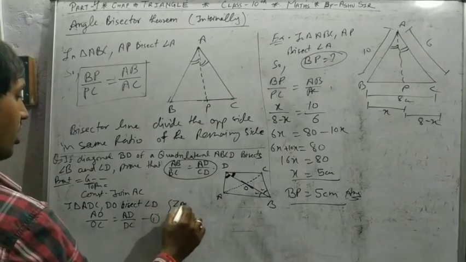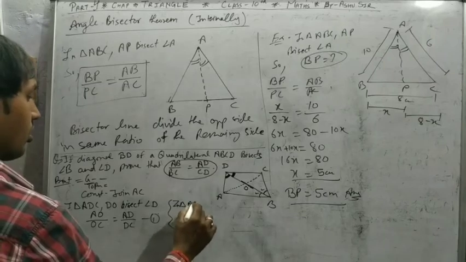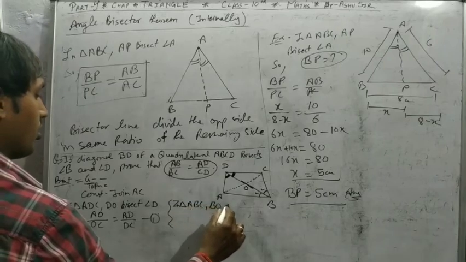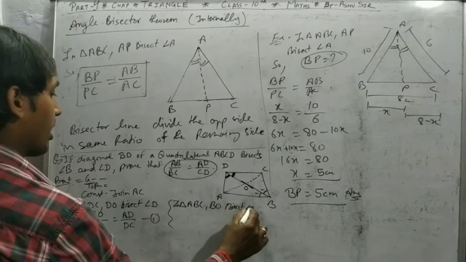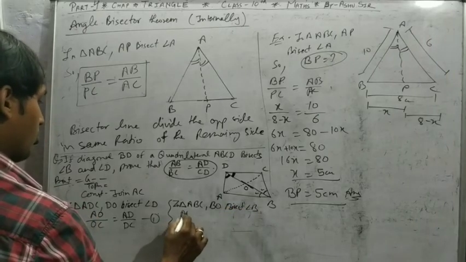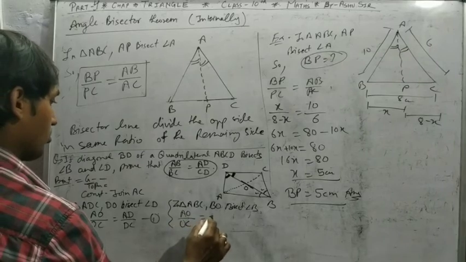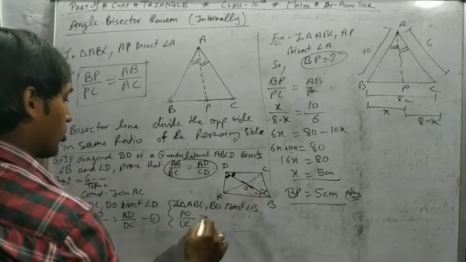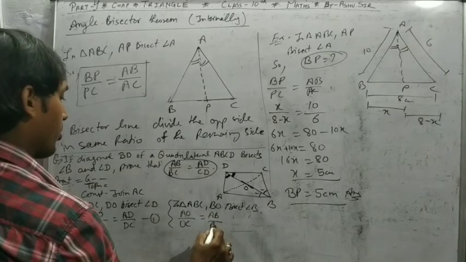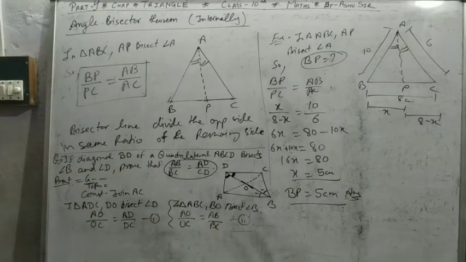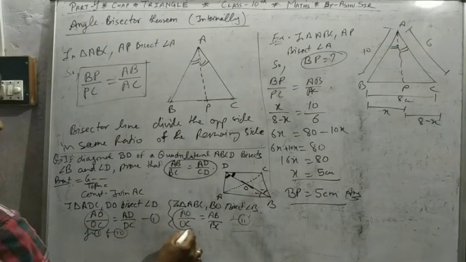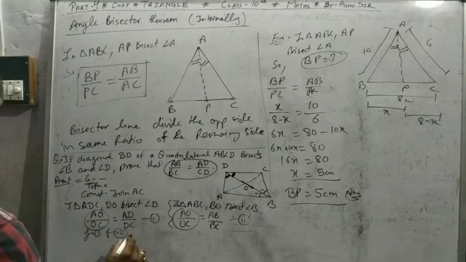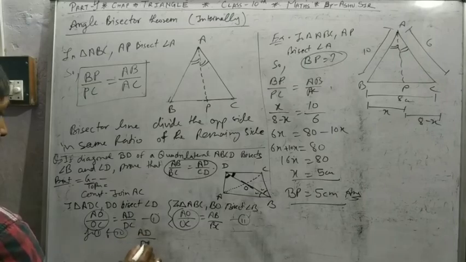If we take the next triangle ABC, BO bisects angle B, so AO upon OC is equal to AB upon BC. Same. So from first and second, both left sides are equal. So AD upon DC is equal to AB upon BC.